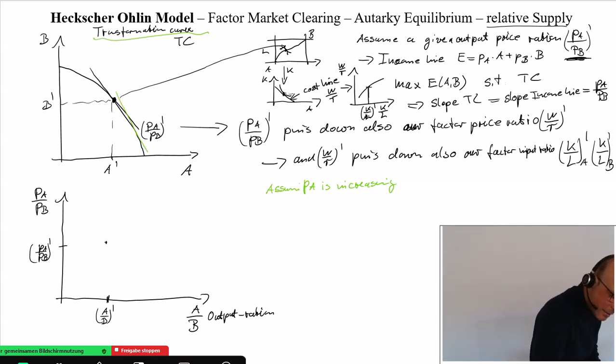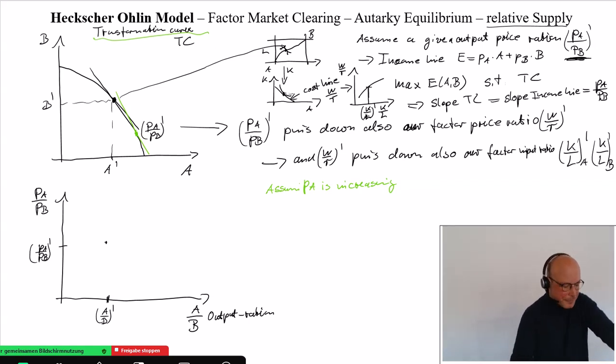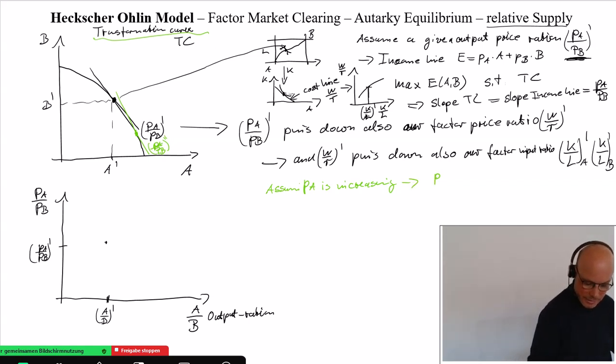Because now, maybe here, this would be our larger ratio of PA over PB. Let's say this then double prime. This means that PA over PB double prime is larger than PA over PB prime.